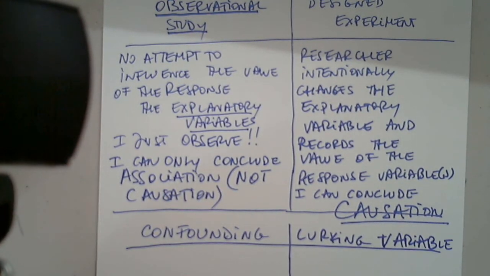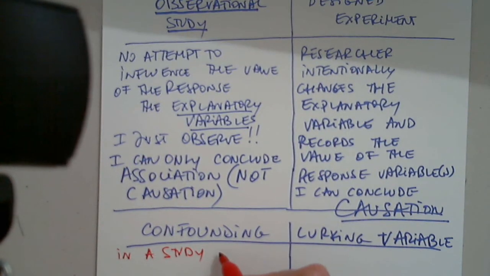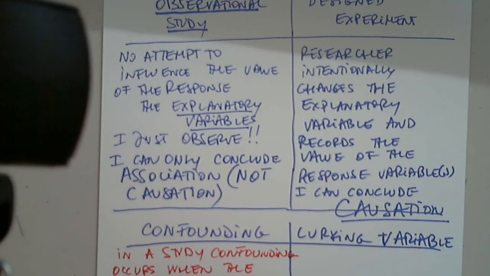Okay, what is confounding? In a study, confounding occurs when the effects of two or more explanatory variables are not separated.